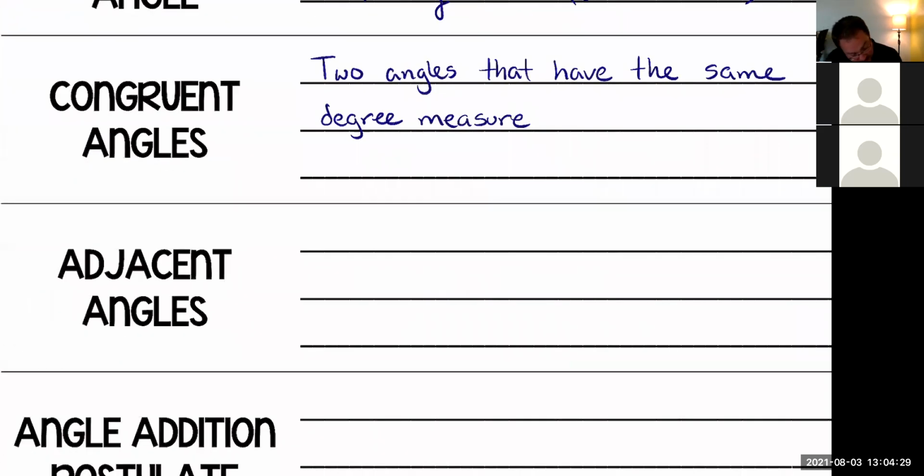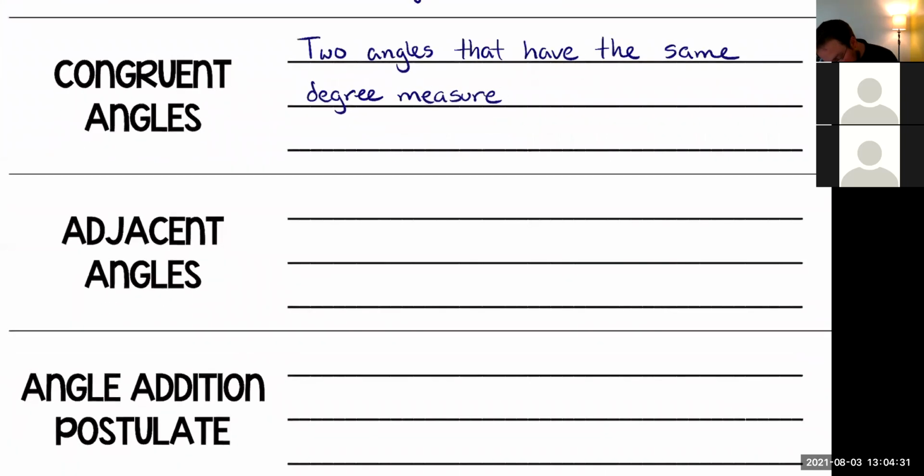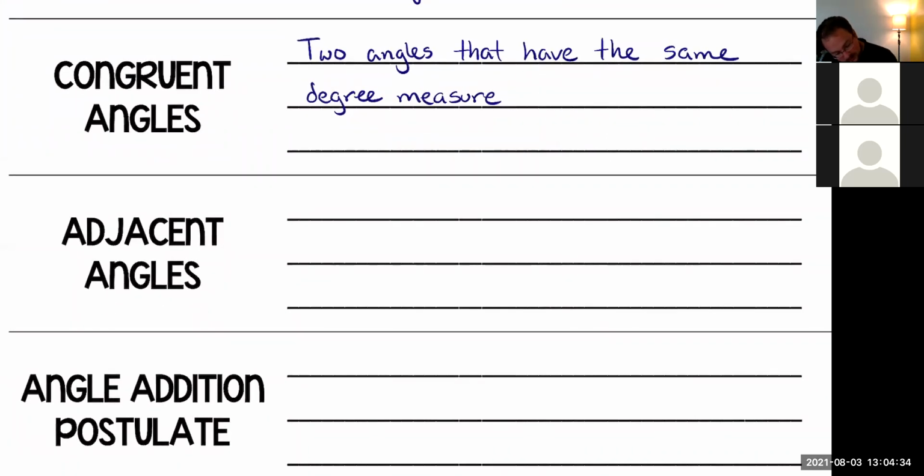Next on our list here are adjacent angles. Adjacent angles are two angles that share a common side and vertex. I should say common ray. I think that would be more accurate. Share a common ray and vertex.